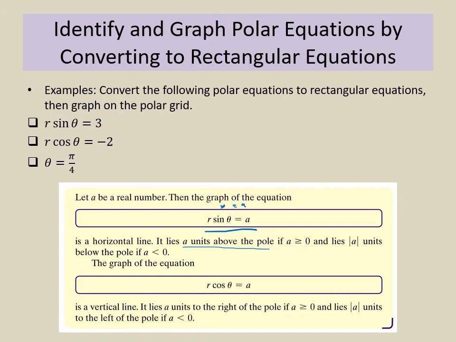Same thing with our cosine. Our r cosine, we converted this to x. So that was x equals a, which is a vertical line. So r cosine of theta equals any number is a vertical line that lies a units to the right or to the left of the pole. And finally, theta equals any angle is just a line that goes through that angle in the polar grid.